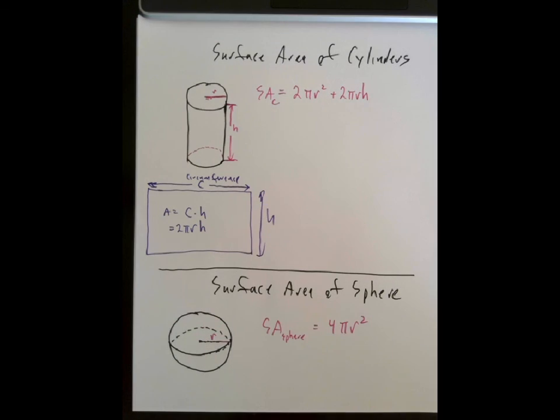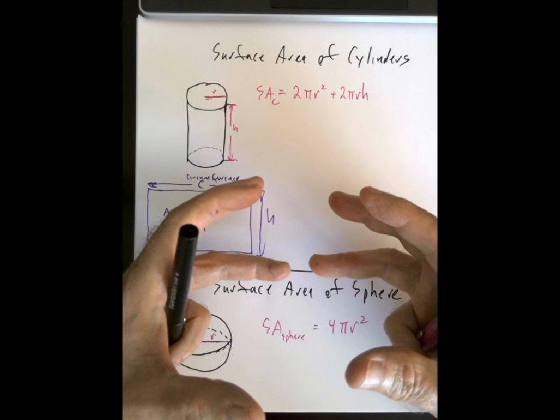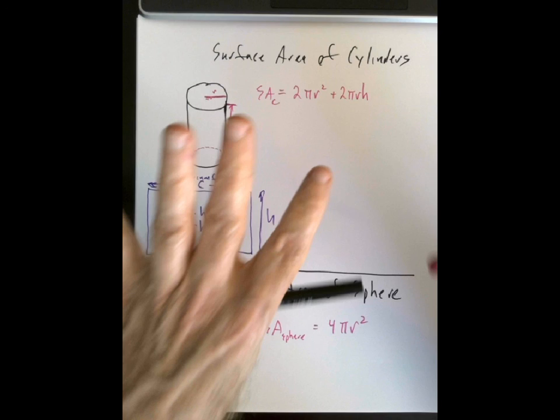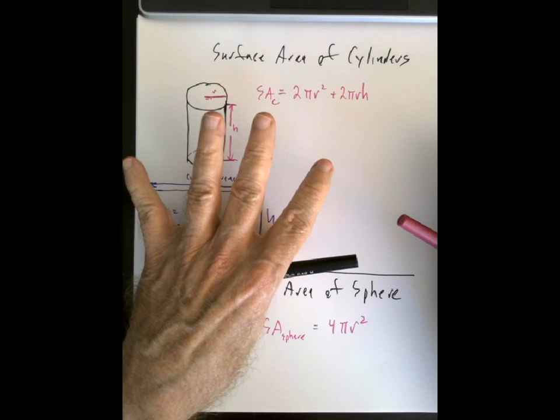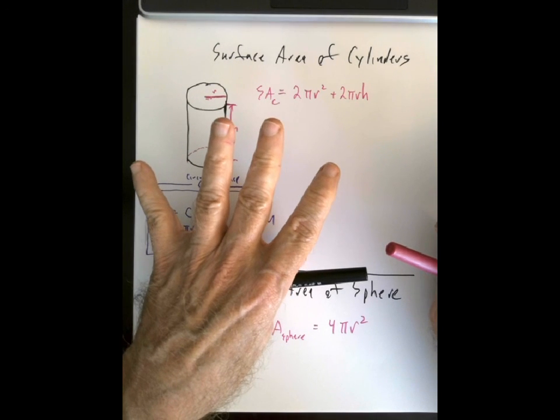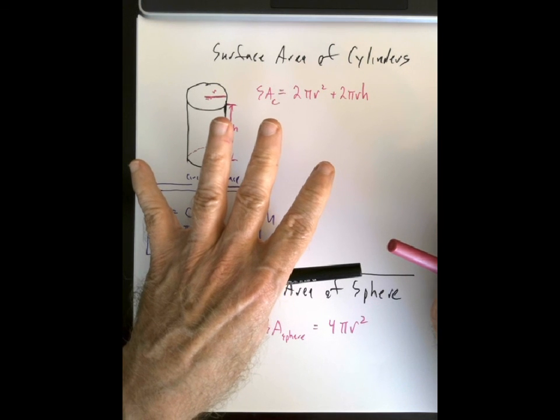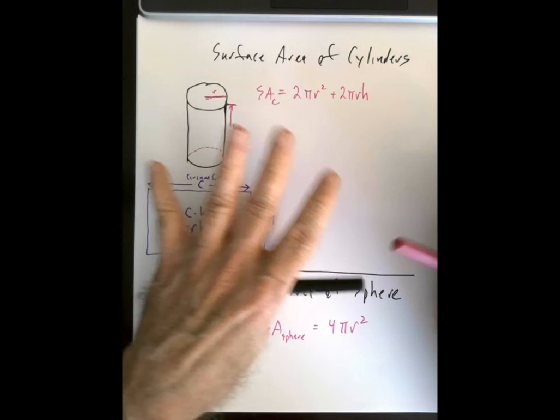You may have heard that when you study geography, it's impossible to take the surface of the globe, spread it out flat, and make a flat map of the world without distorting the land areas on the top and the bottom, or distorting it somehow.